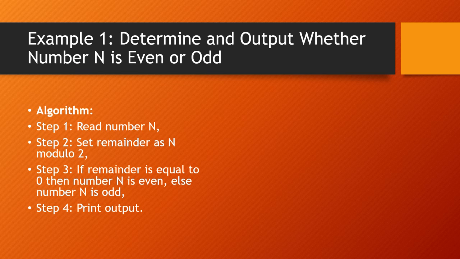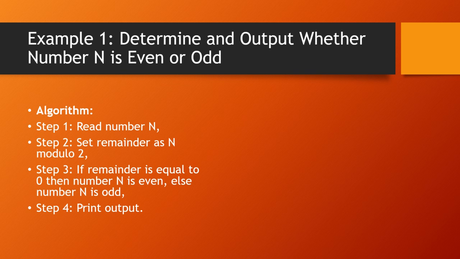Else, the number n is odd. Then print the output. Modulo 2, so if the number has a remainder, then it's odd. If the number doesn't have a remainder, then it's even.